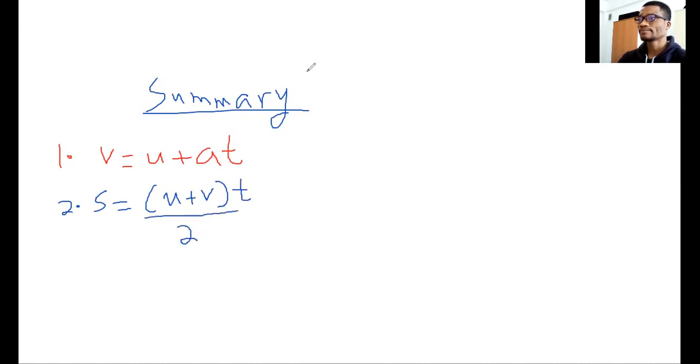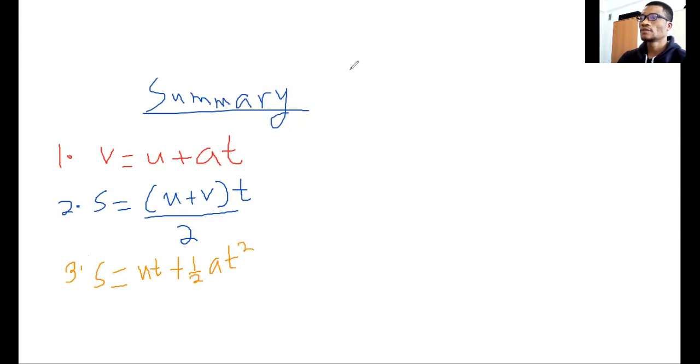And then the next equation, which is equation 3, is given as s equal to u multiplied by t plus half at square.